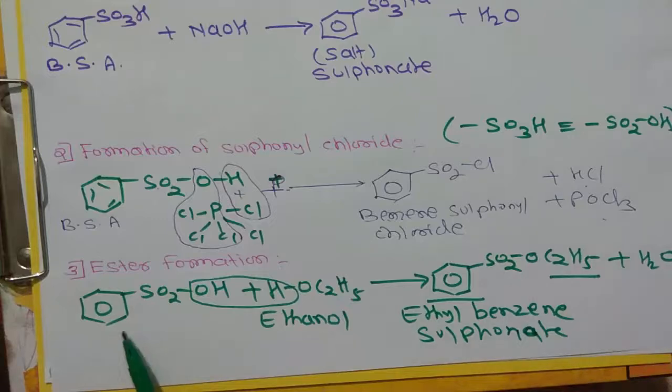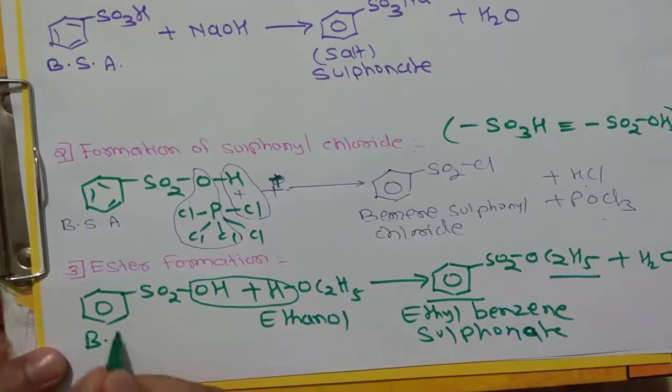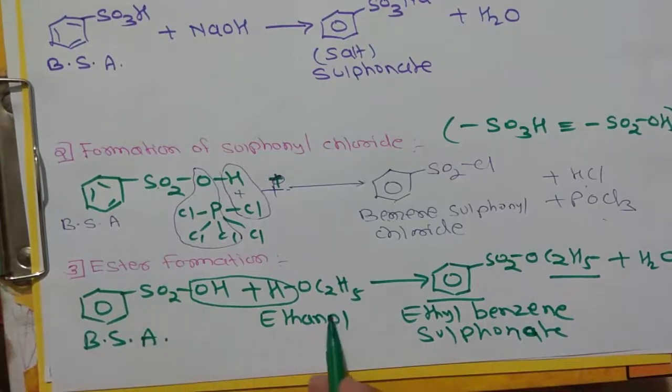It is the benzene sulfonic acid reacted with the ethanol, and there is a formation of the ethyl benzene sulfonate, and here water is removed. It is the third reaction, ester formation.